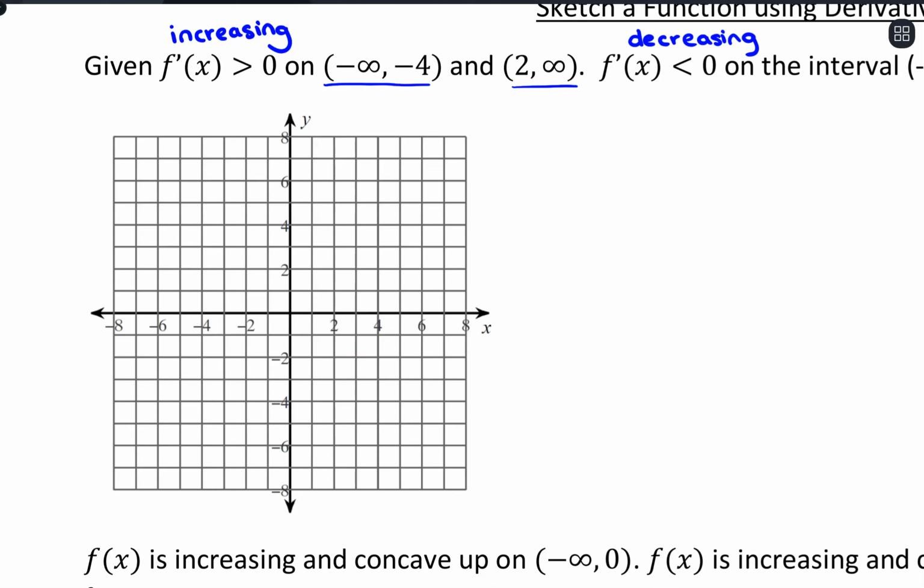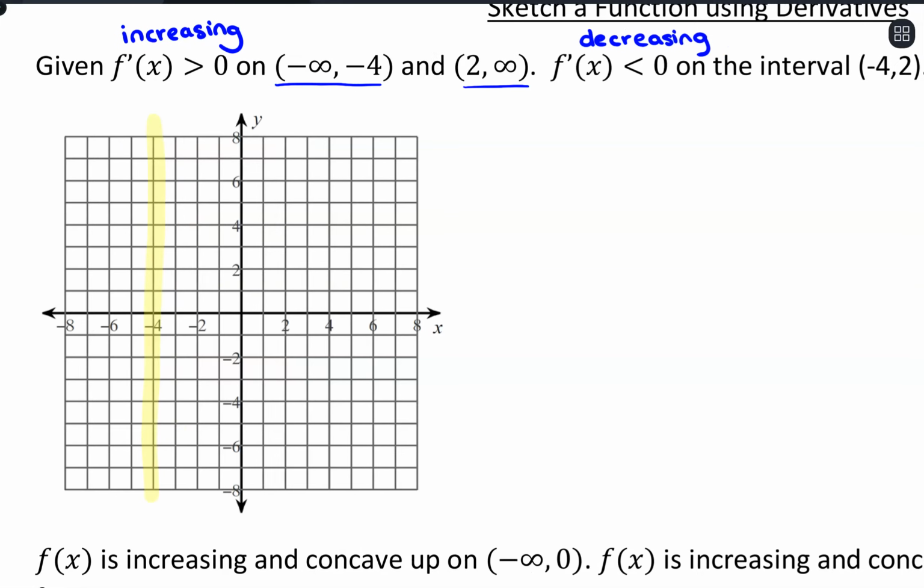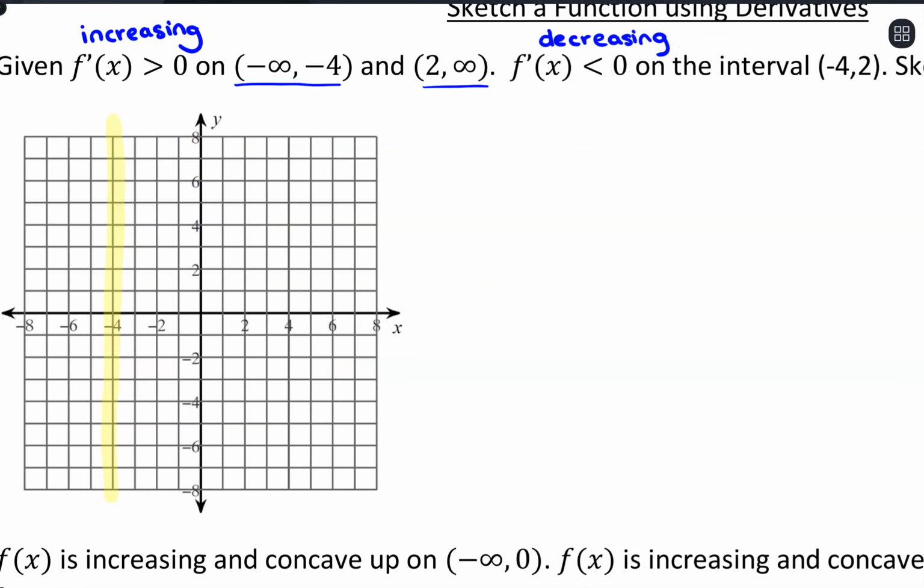So what I want to do is I just kind of want to visualize my cutoff values. So trend is going to change at negative 4, and then negative 4 to positive 2, and then positive 2 to infinity. And it's going to be over here we're increasing, and then we're decreasing, and then we're increasing. I'm just going to do a sketch off to the side.